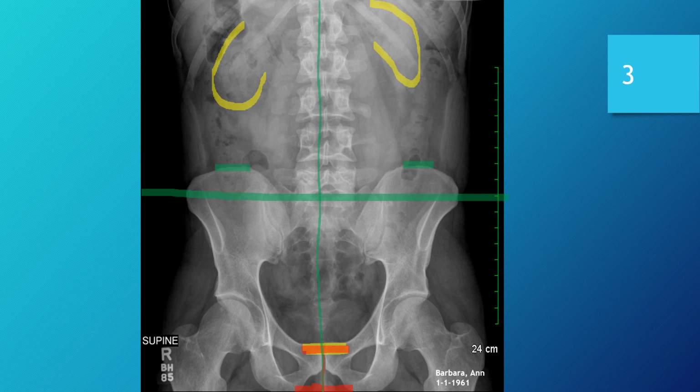We're able to identify anatomical structures. Once again, there's our psoas muscles present there. We have our bladder present here at the bottom. And then, of course, the margins of our kidneys are visible there. And then even a little section of the liver is visible there on the right-hand side.